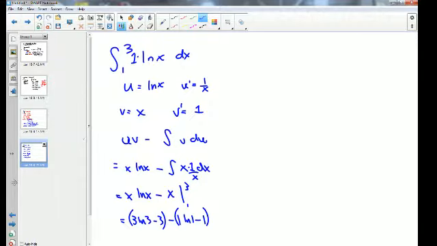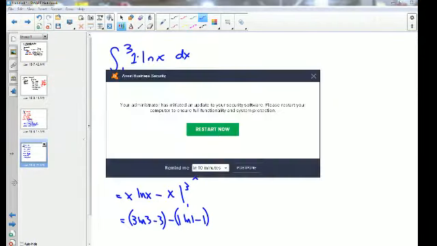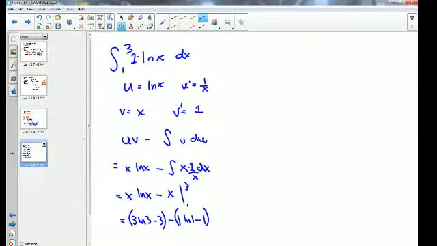What's natural log of 1? 0. Yep, so you got a 0 there. All right, so what's 3 times natural log of 3 minus 3? So you have minus 3 and then minus minus 1, so it'd be minus 2, right?